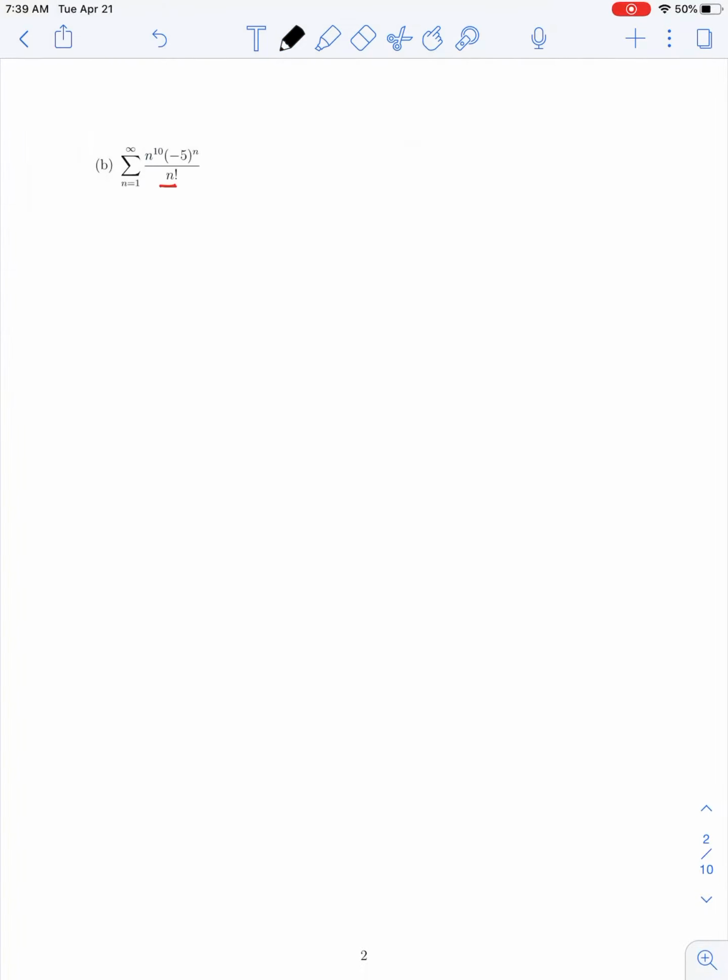So in general, to apply the ratio test, we're supposed to look at the limit as n approaches infinity of the absolute value of a sub n plus 1 over a sub n.